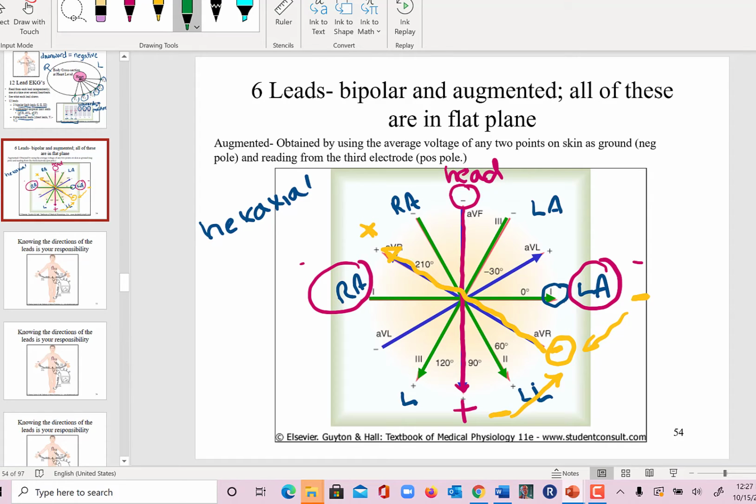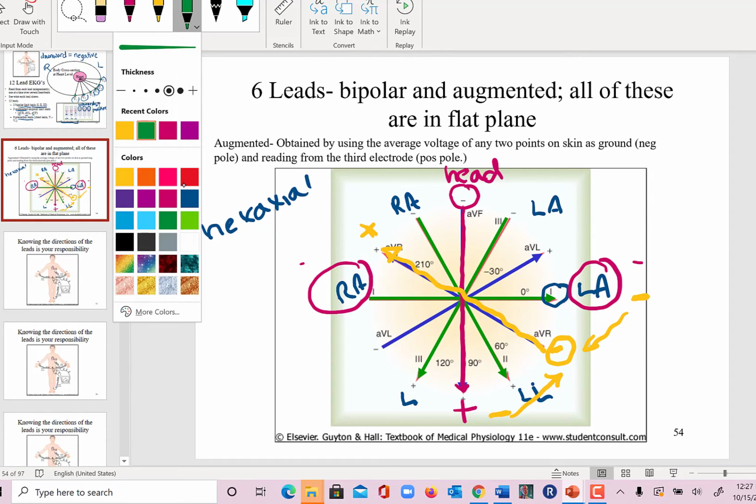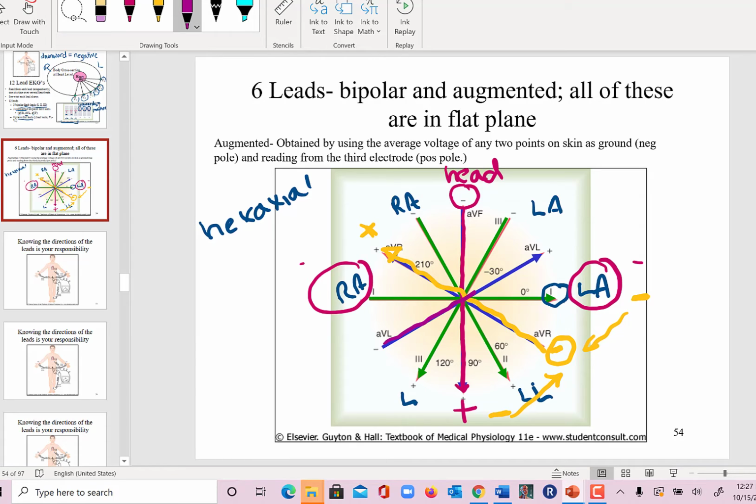So for lead AVL, let me get a different color. For lead AVL, it points over your left shoulder. Let me highlight that. L for left. So that is the positive side. And what is being held negative? The feet are again being held negative, and your right arm is being held negative.